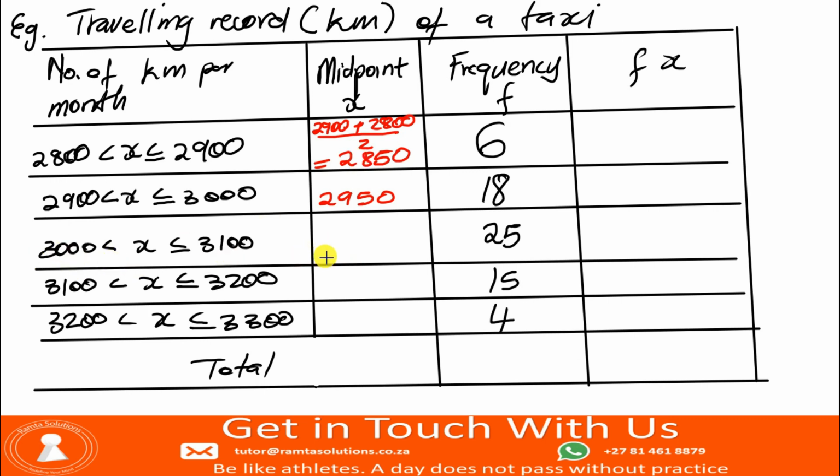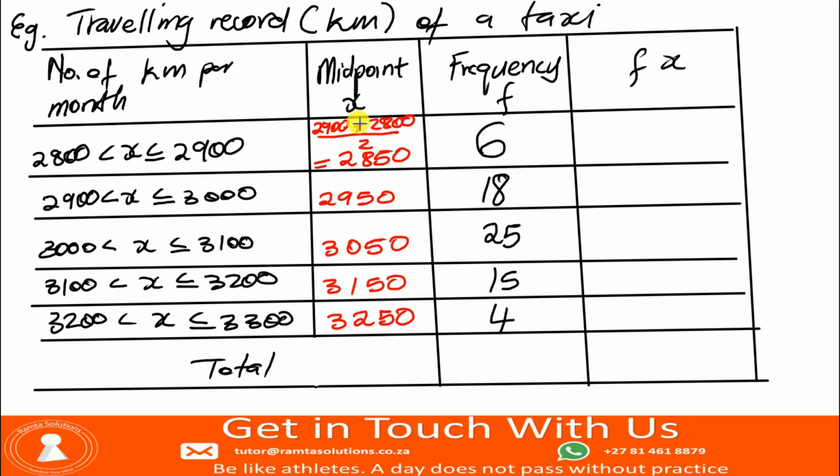And then this one here will be 3,050. While this will be 3,150. This will be 3,250. This is our X.